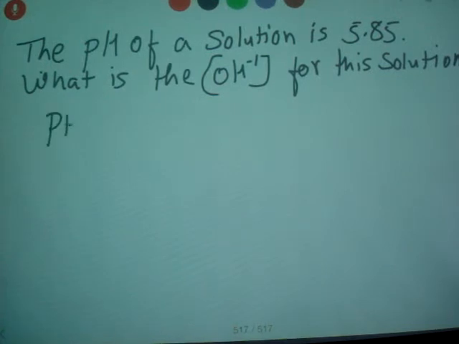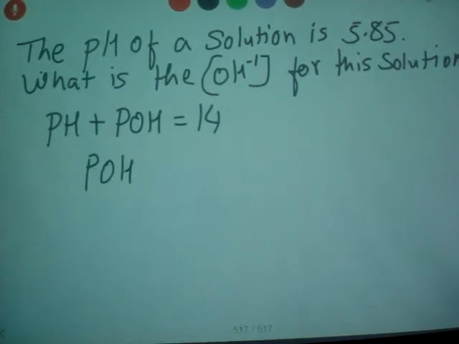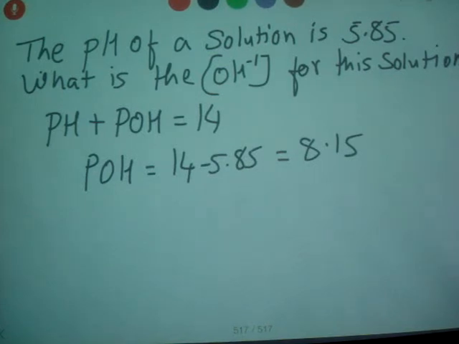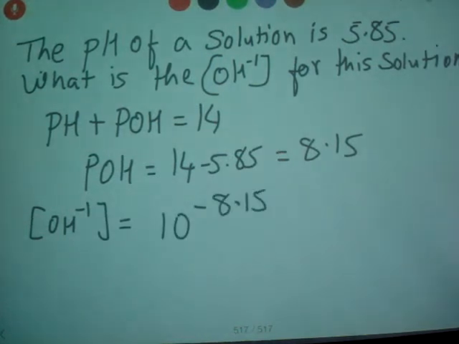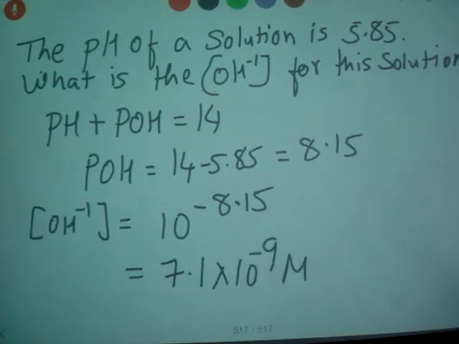Whenever pH is given, we know that pH plus pOH equals 14, so pOH is 14 minus 5.85, so you get 8.15, and then you calculate the OH minus concentration, which is 10 raised to minus 8.15, and you get 7.1 times 10 raised to minus 9 molar.